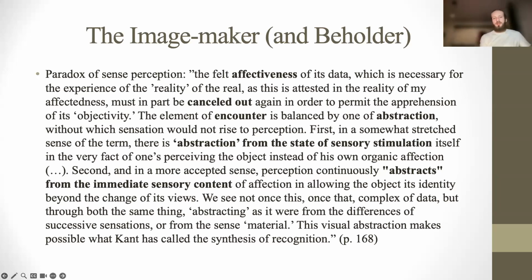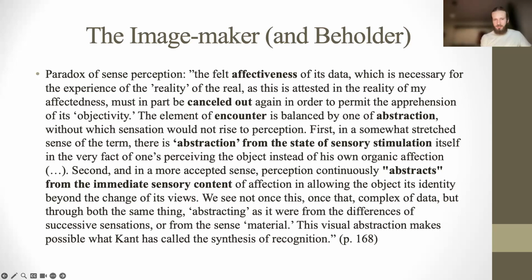Second, and in a more accepted sense, perception continuously abstracts from the immediate sensory content of affection in allowing the object its identity beyond the change of its views. We see not once this, once that complex of data, but through both the same thing, abstracting, as it were, from the differences of successive sensations or from the sense material.